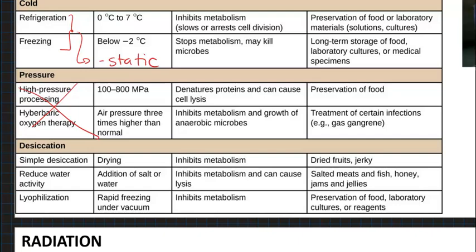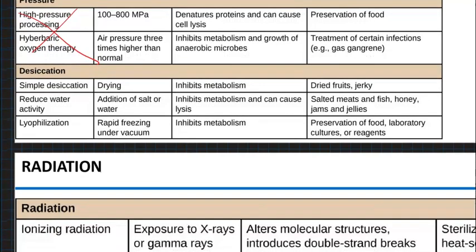It's not that impressive. Desiccation, also static. Okay? So, drying up, great bacteriostatic treatment. Beef jerky, an example.